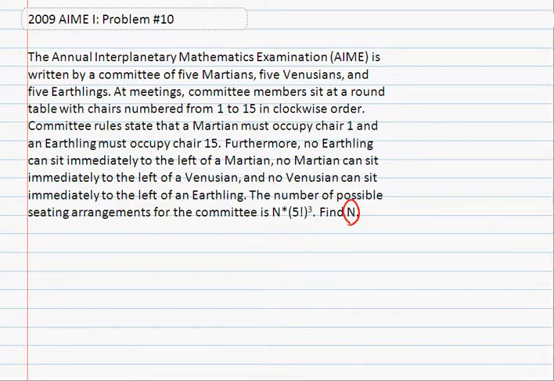Here, n represents the number of ways to arrange the committee members with regard only to race.